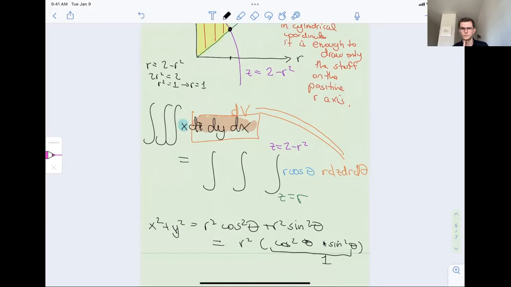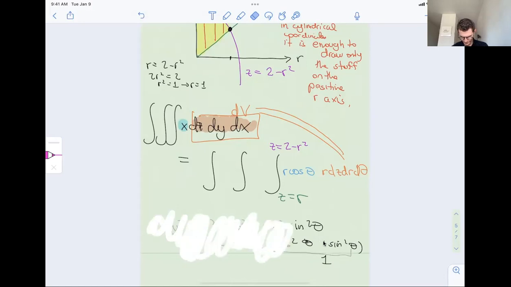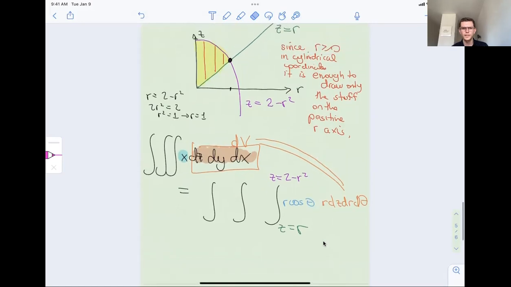Is that okay? Good. Feel free to just write it as one of the formulas if you want.